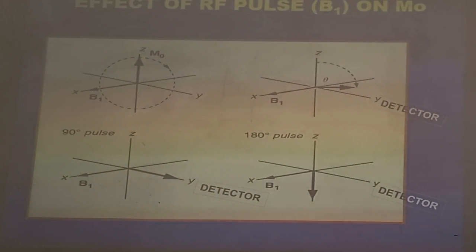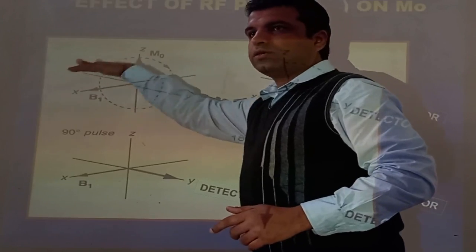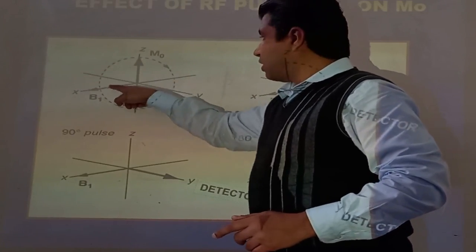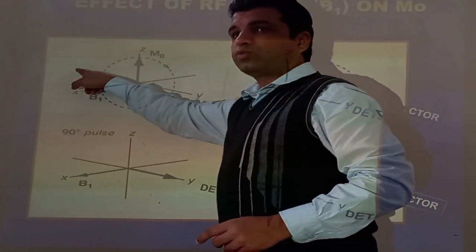Now, according to the left-hand rule, this M0 will move away from the Z-axis and come down to the XY plane. See, this is the XY plane. This is the horizontal plane: x-axis, minus x-axis, y-axis, minus y-axis.